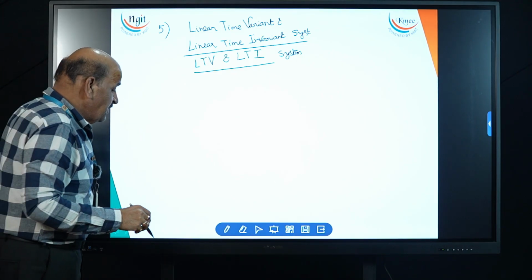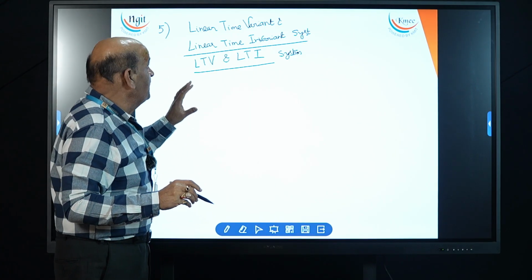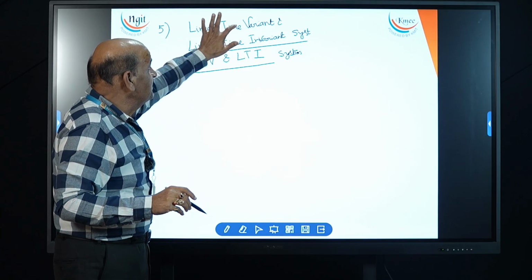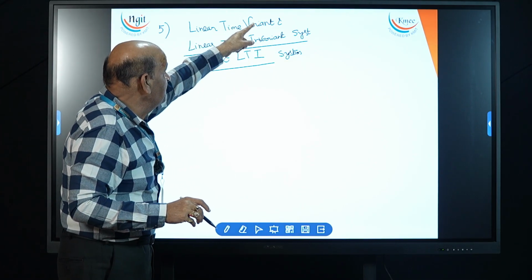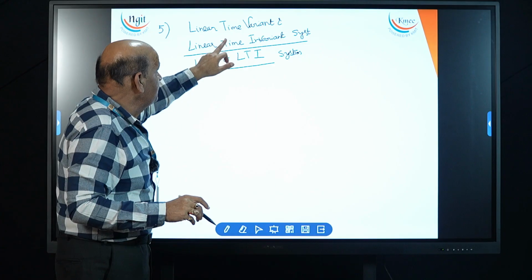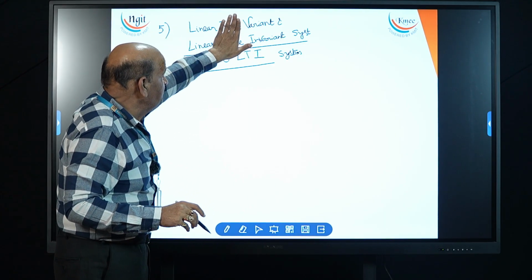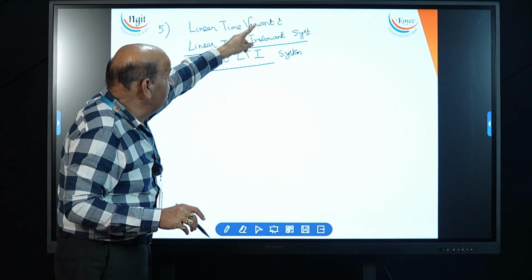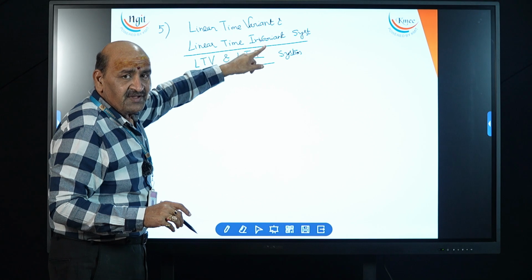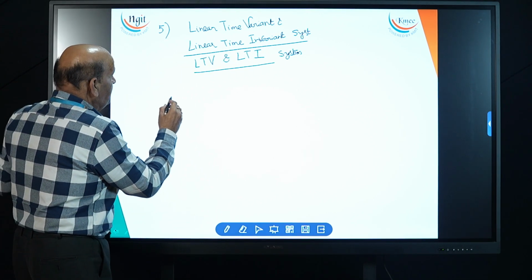Now, students have to very clearly observe the terms given in the sentence: linear, time, variant, linear, time, invariant. Look at these two are same. These two concepts differ from each other only in the variance and non-variance. That means invariance only.